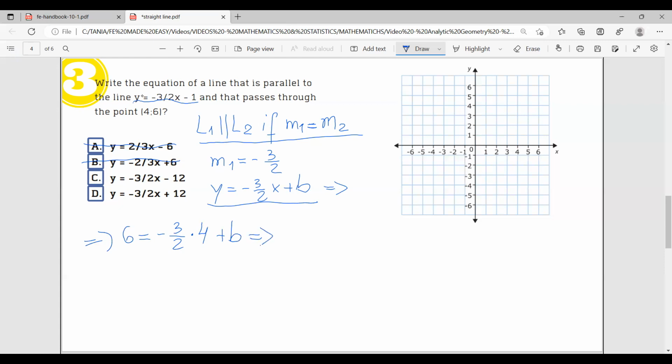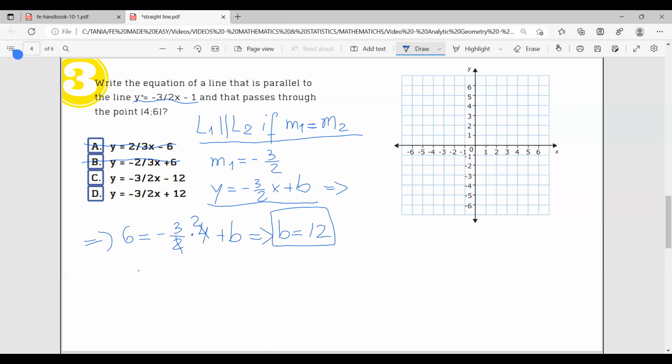And from here, b is going to be equal to, we get minus 6 going on the other side, we're going to have plus 6, 12.